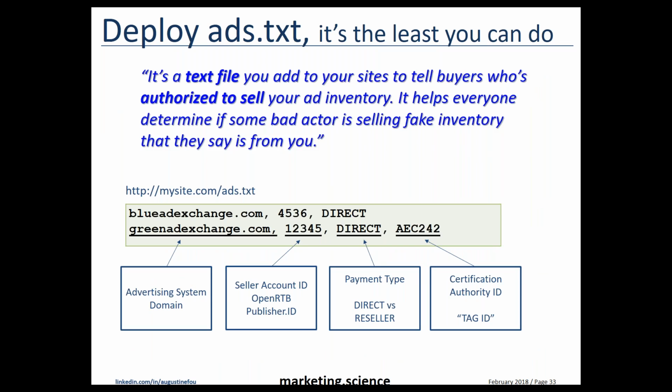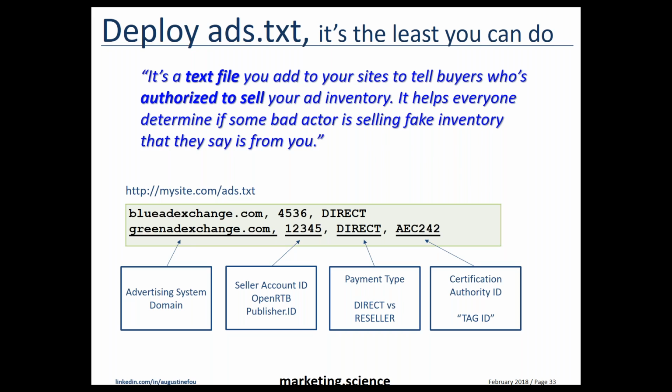And then you heard me mention ads.txt. It's a very simple thing. It's just a text file that publishers can put on their root directory. All that text file says is here's a list of the ad exchanges that are authorized to sell my inventory.